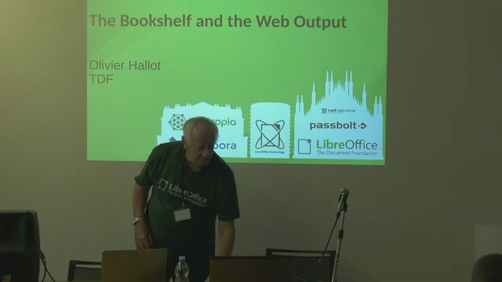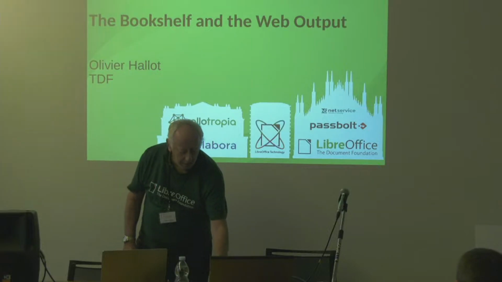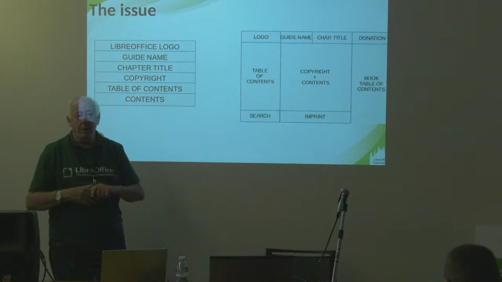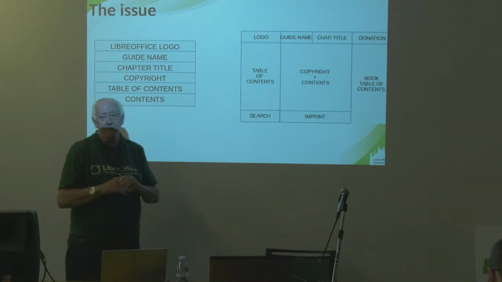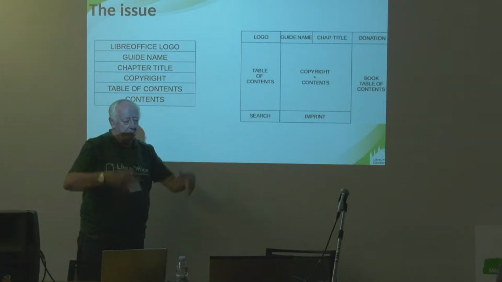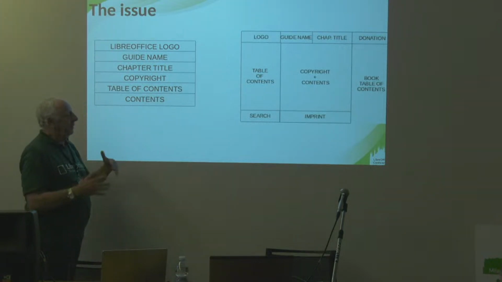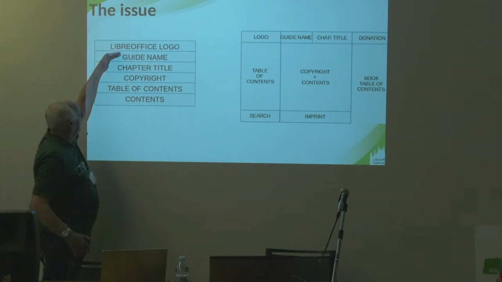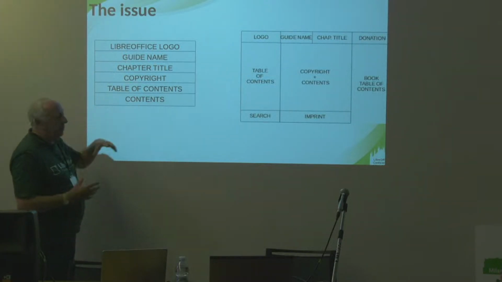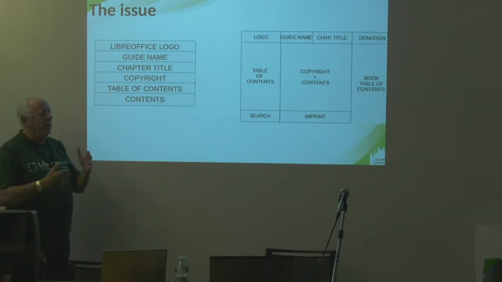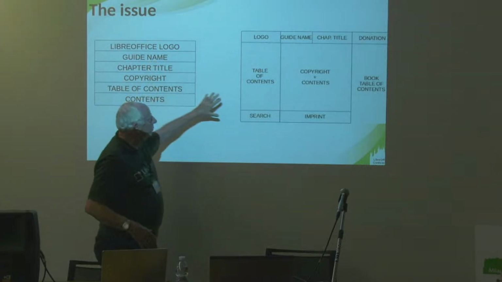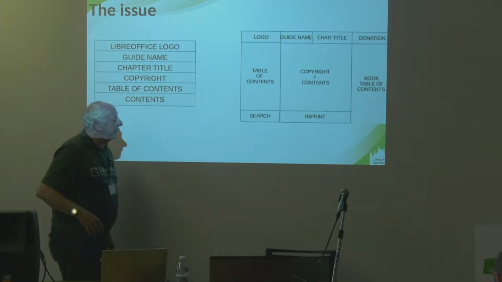So the idea is to export the chapters and the guides in a form that will allow us to upload into a website and use in a browser to have the display. So what's the challenge? The challenge is that we have a set of contents in the format of a book or a document with pages, and we need to shuffle all these sections into something that is better displayed in a browser.